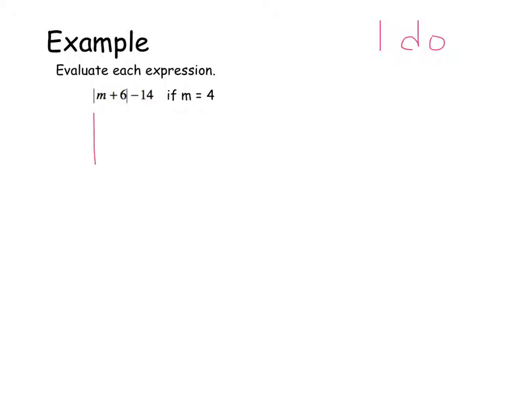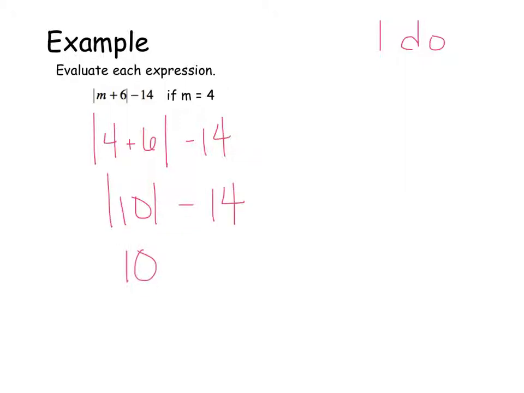So we have the absolute value of m, which is 4, plus 6 minus 14. And 4 plus 6 is 10. Take the absolute value of that, minus 14. And the absolute value of 10 we know is 10, minus 14. And 10 minus 14 is negative 4.